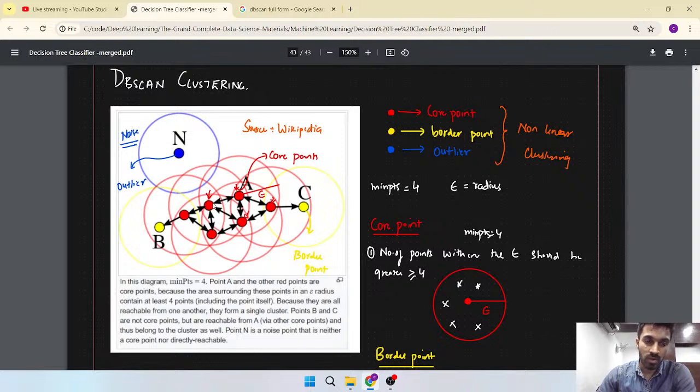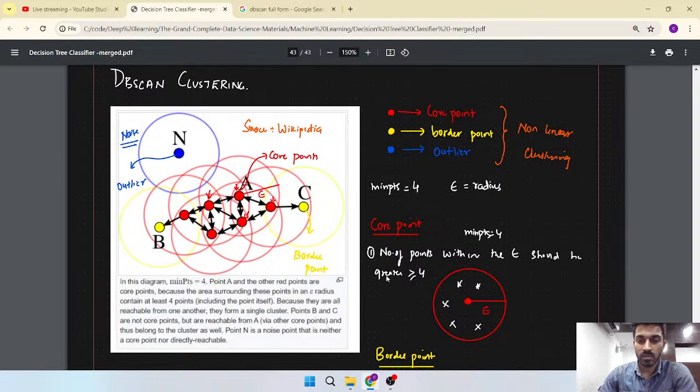Now take this as a center and create a circle. Inside this circle you can see 1, 2, 3, 4 points are coming. So this is your core point.